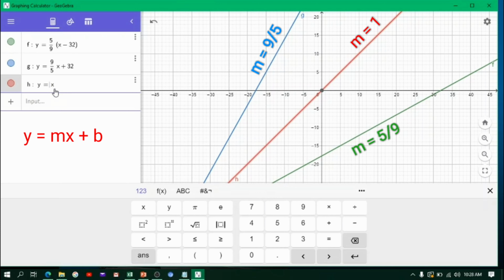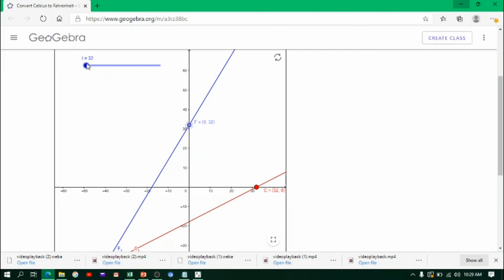We can verify that the slope 5/9 of the first equation lies below this m equals 1 graph, and the slope 9/5 of the second equation lies above the m equals 1 graph. And as we can see on the graph, both of these lines intersect at x equals -40, y equals -40.